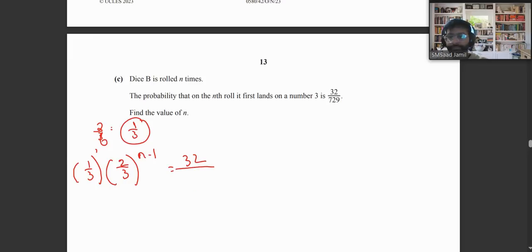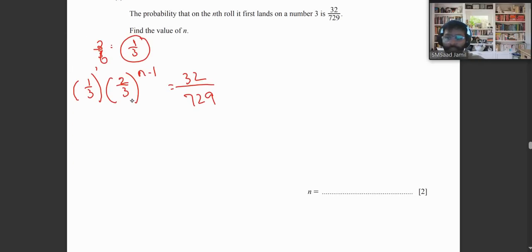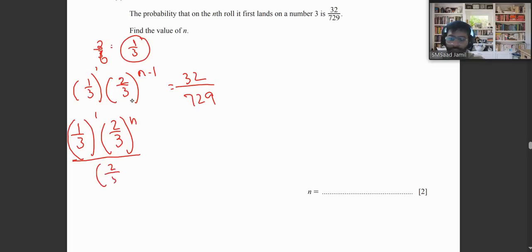Okay. Now from this point onwards we will do a simple calculation. We will write 1 upon 3 multiplied by 2 upon 3 raised to power n, then we will divide it by 2 upon 3 raised to power 1, because it's negative 1, it will go down, and that is equal to 32 over 729.